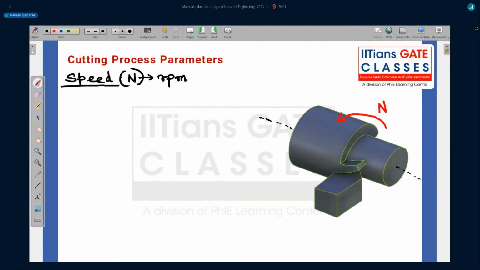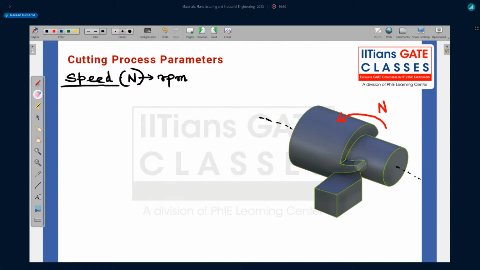The number of rotations happening per minute is given by N, and it can be converted into velocity. How velocity? Because this thing is coming out as a chip. Let me write that, in another color since this color is not matching.